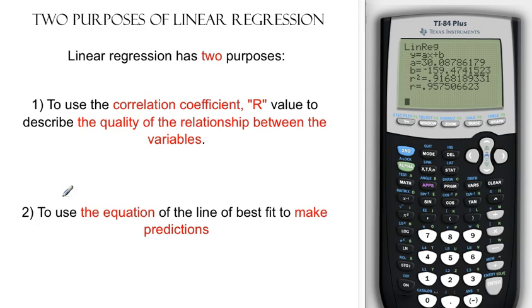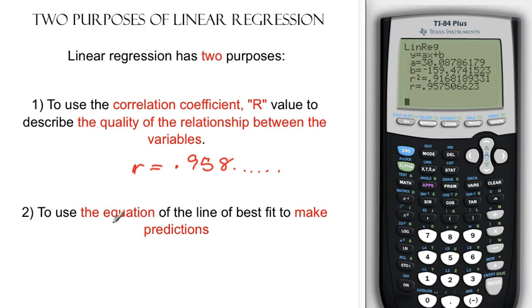And to do this, we use what's called the correlation coefficient, R. So if you look over here, you see this value of R equals 0.958, blah, blah, blah. This is called the correlation coefficient, and it tells us about the relationship between the two variables, x and y, or whatever our variables happen to be in each example.